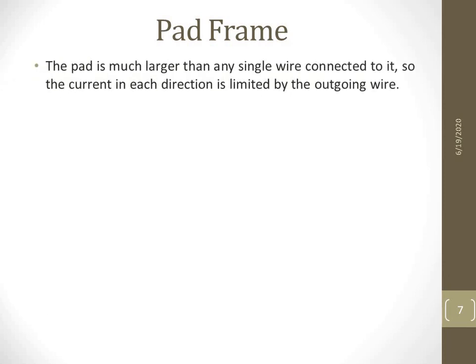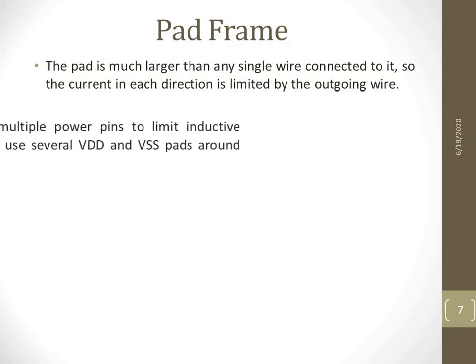The pad is much larger than any single wire. Just remember, a pad is not just a single wire; it is much larger than the single wire connected to it. So the current in each direction is limited by the outgoing wire.